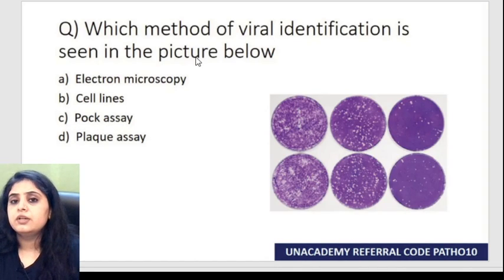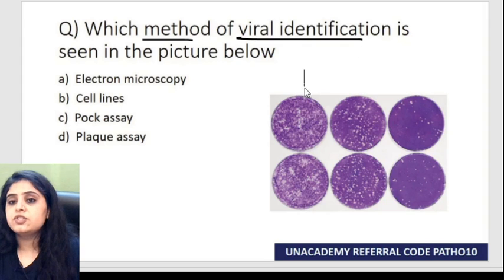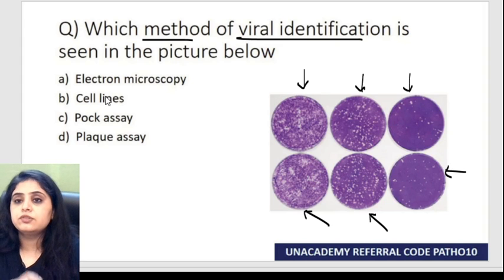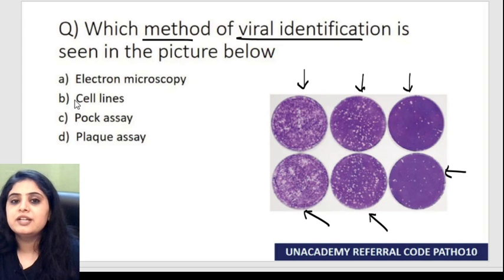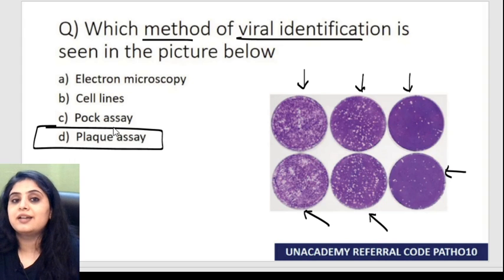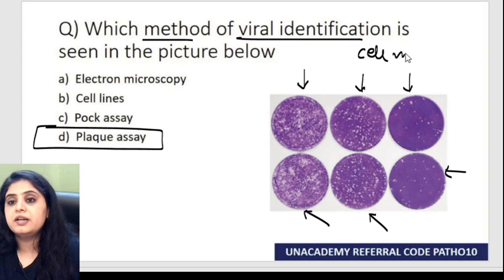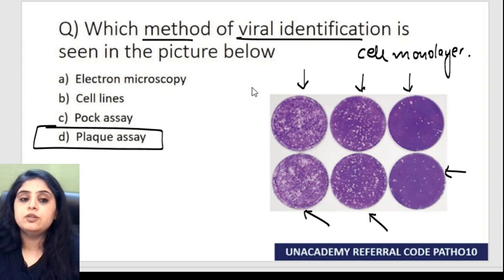Tell me this one now. The method of viral identification that has been shown over here, all these 6 things that you're seeing over here, same options. Are they electron microscopy? I really don't think you feel it's electron. Cell lines, POC assay, plaque assay, this is also a plaque assay. So the cell monolayer that you were talking about, this is nothing but the cell monolayer, and this is also plaque assay, which I'll tell you about.